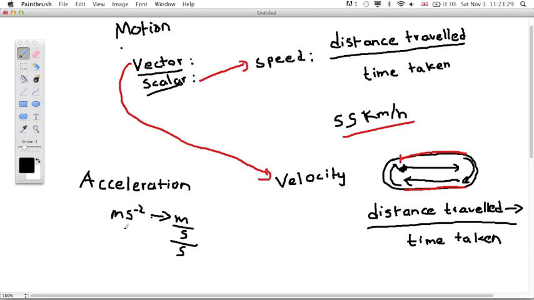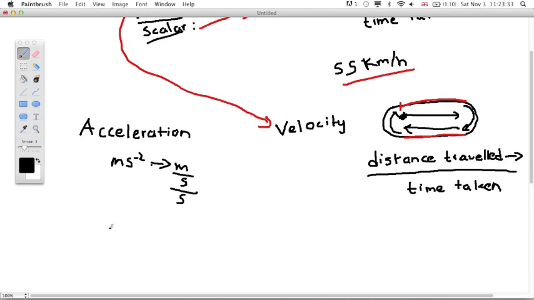But what acceleration is, let's say he has an acceleration of 10 meters per second squared. So every second he's increasing his speed by 10 meters per second.